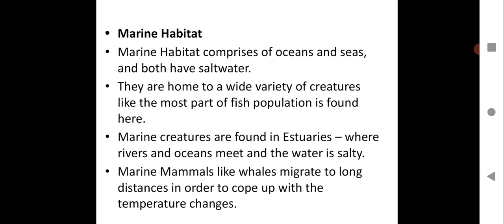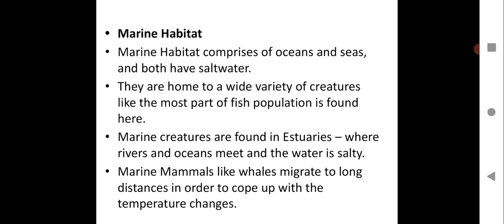So you have a number of species, each and every type of species, in abundance in oceans and seas. And marine creatures are found in estuaries, where rivers and ocean meet, and the water is salty.